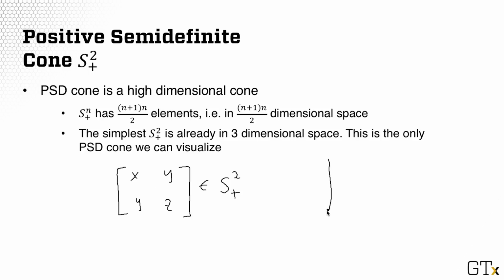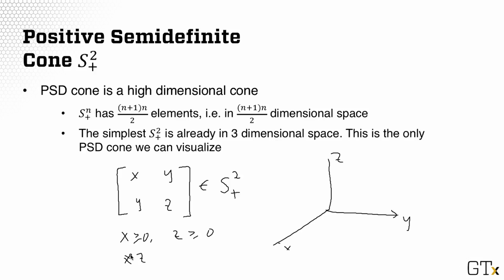And you can actually plot this 3-dimensional cone. If you plot it in 3 dimensions as x, y, and z, what you plot is the set where this matrix is positive semi-definite. That is equivalent to saying x greater than or equal to 0, the diagonal has to be non-negative, plus the determinant.